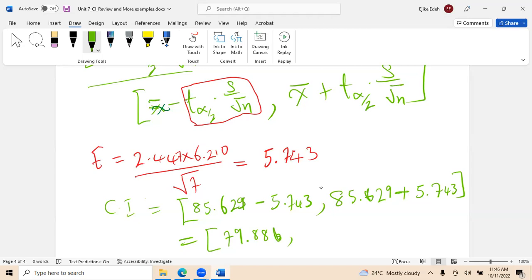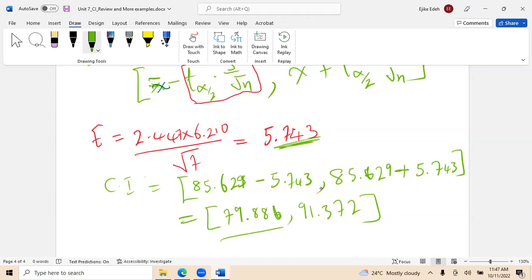We add the margin of error to the mean to get the upper band: 91.3724, so 91.372. This is the confidence interval that we need for that question.